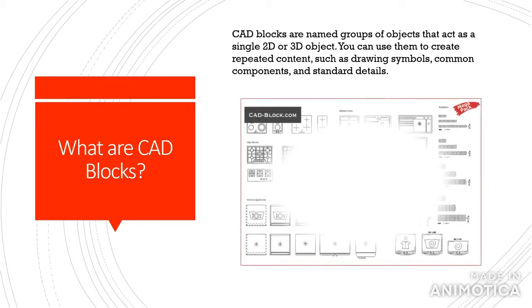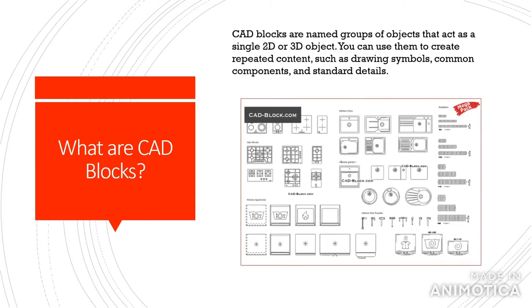Let's say you're doing a floor plan, and here we have an example of various blocks. Let me pull up my highlighter or laser pointer. Each individual object is called a block. So here you have a single sink, here you have a sink with a drainer, here you have a bathroom sink.